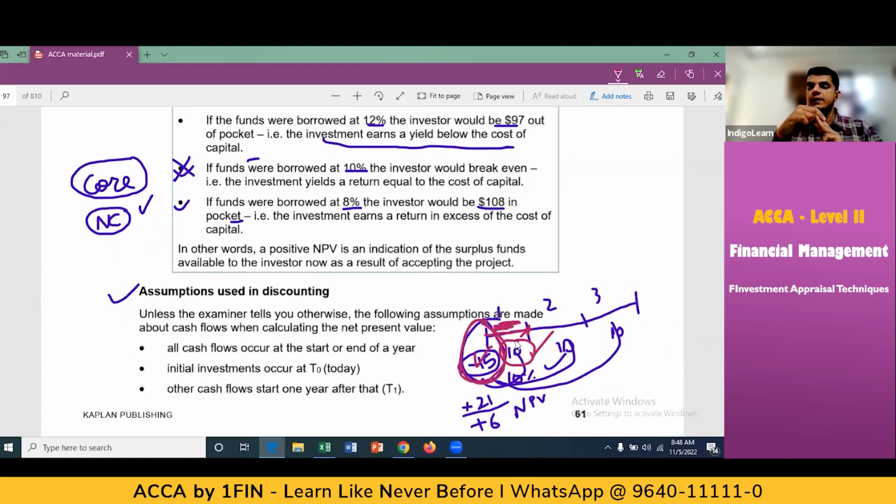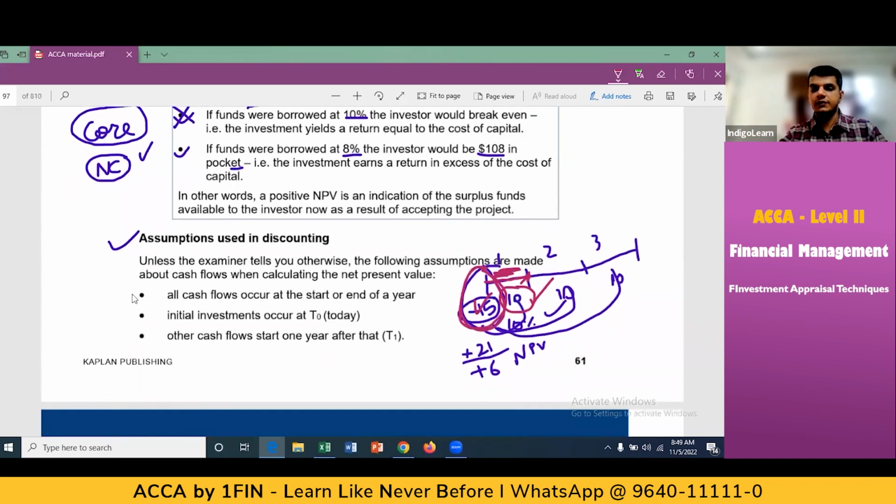Third is that the initial investment will be done at year 0. That is, immediately it will just flow into the project. If nothing is given in the question, because sometimes in a question it is given that something is invested immediately, something is invested over a period of time, then accordingly you have to change the assumption.